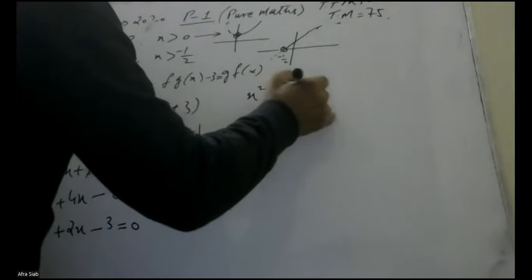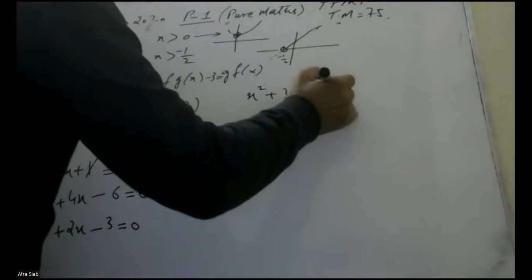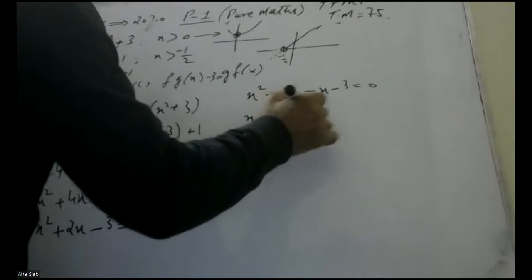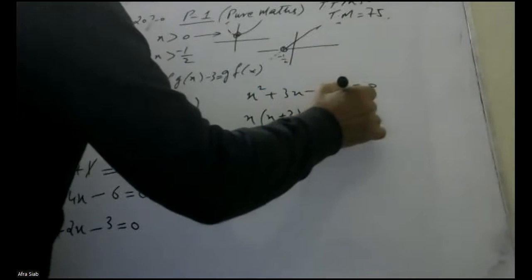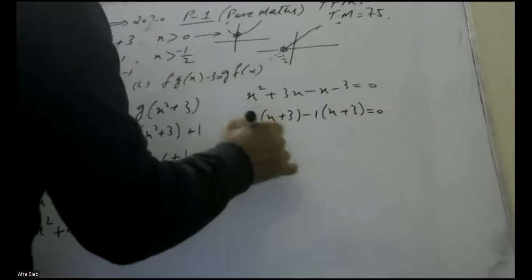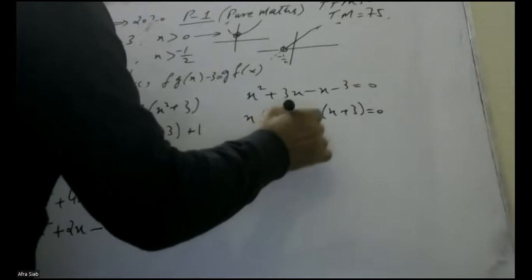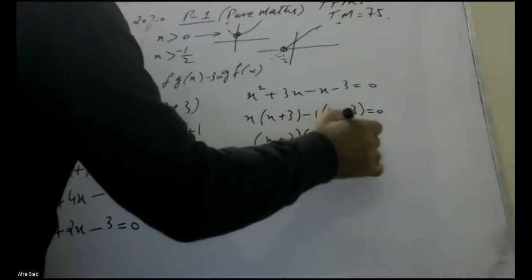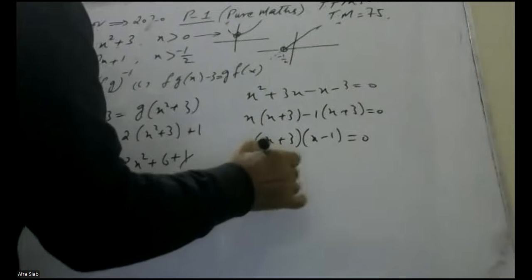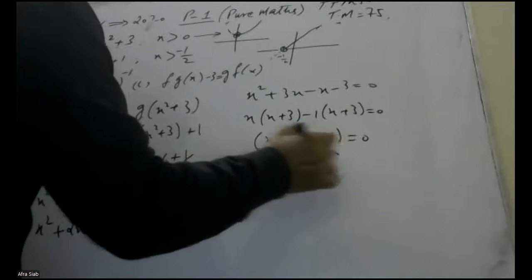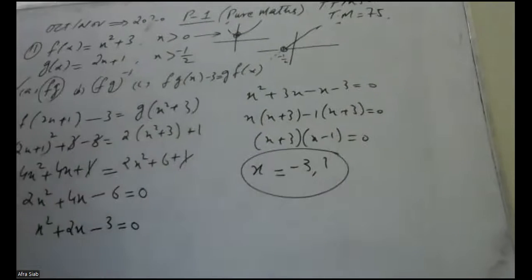This will be x square plus 3x minus x minus 3 equal to 0. Taking common x plus 3 minus 1, x plus 3 equal to 0. Or x plus 3 into x minus 1 equal to 0. Or x should be equal to minus 3 and 1.